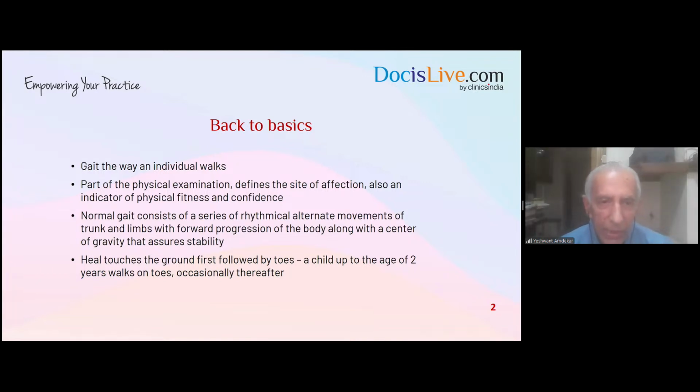Now, normal gait consists of a series of rhythmical alternate movements. We move our body and lower limbs as well as the upper limbs in a very rhythmic fashion, and while doing it, we maintain our center of gravity and we are very stable. Each of these points is very important when it comes to seeing a patient with a gait abnormality.